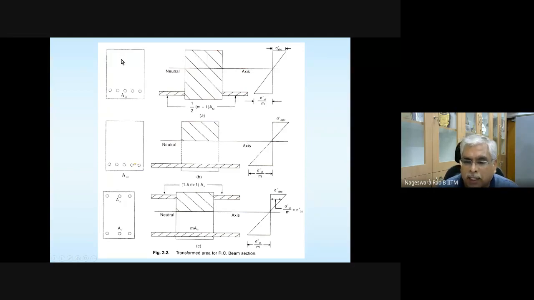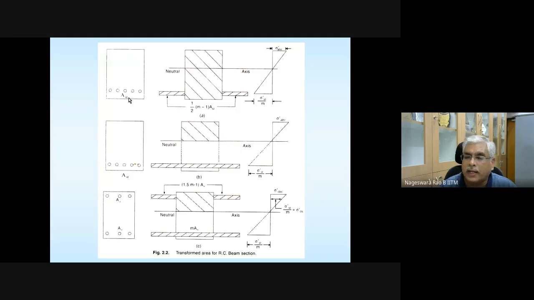Imagine you have a rectangular section reinforced concrete beam having this area of steel in the bottom, and you are subjecting it to sagging moment, and you keep on increasing the load. Initially, you start with smaller loads, and the beam has a certain capacity before it cracks.